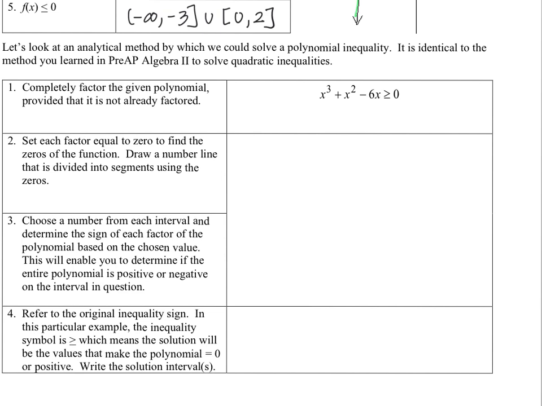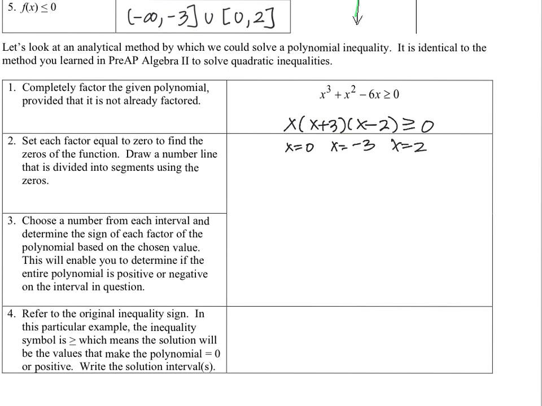The first step is to factor, if it's not factored already. If we factored it all the way, this is x times x plus 3 times x minus 2, and we're looking to see where it is greater than or equal to 0. Our zeros here would be x is 0, x is negative 3, and x is 2.